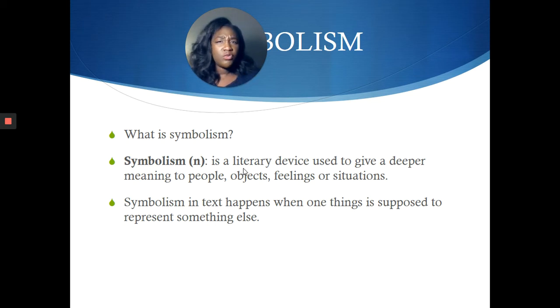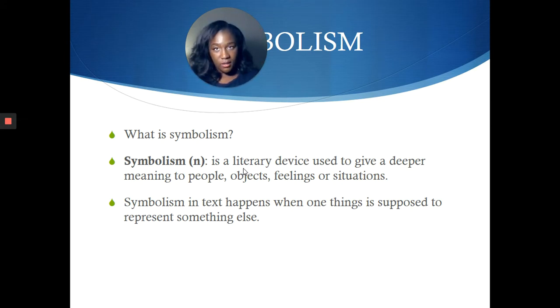They want to muster up those feelings and emotions from their readers because they have to make that experience more real, more tangible for those people who are reading a book versus watching a TV show or listening to something. So symbolism is used to stir up our emotions, make us think a little bit more deeply about the text.